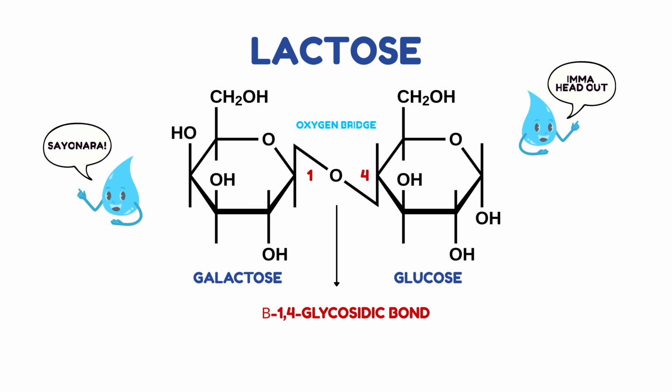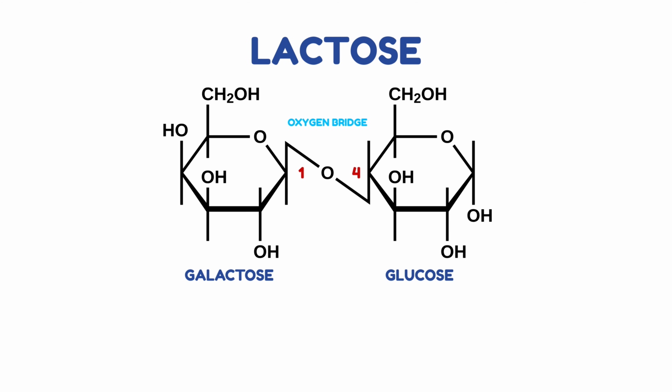beta-D-galactopyranosyl-1,4-D-glucose. You'll mostly find this sugar in milk and dairy products, where it serves as an energy source. Now, for the chemical formula, lactose has the formula C12H22O11. This tells us it contains 12 carbon atoms, 22 hydrogen atoms, and 11 oxygen atoms.